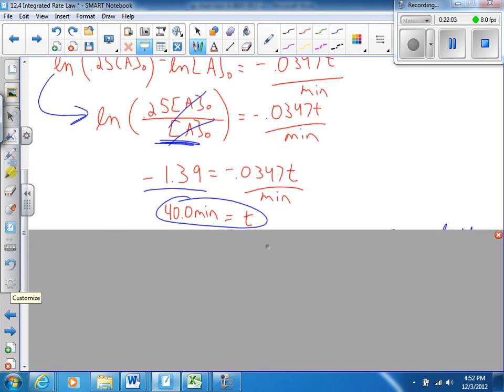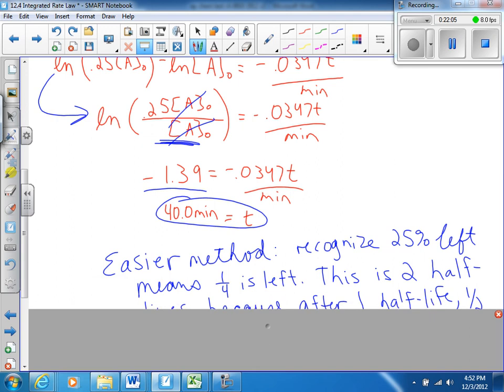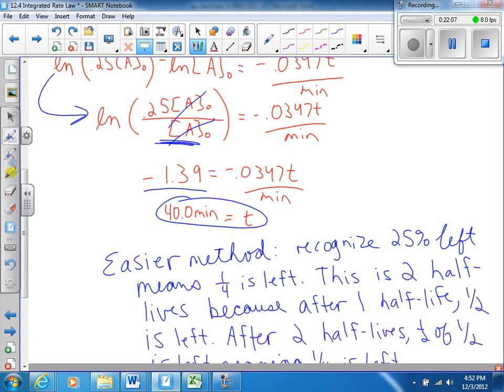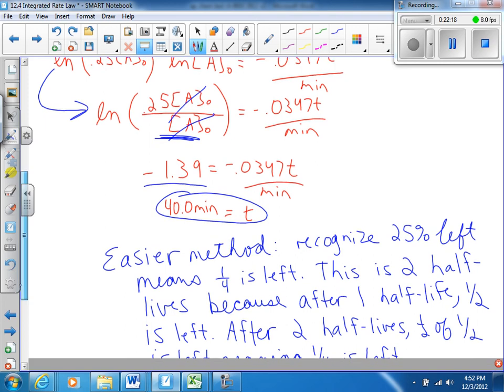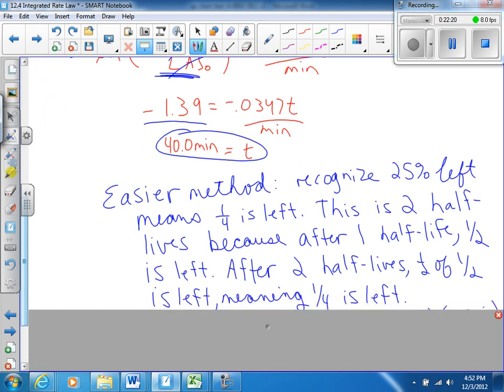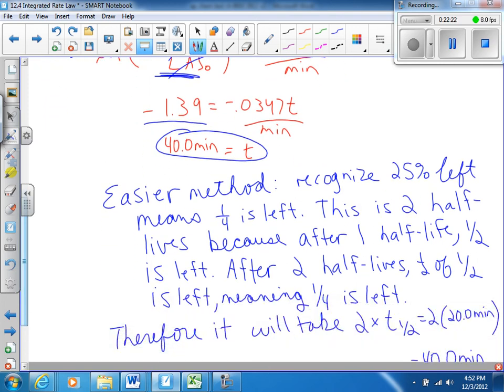All right, easier way to do this, the really easy method. Okay, if we have 25% left, you can recognize that means 1/4 is left. That's 2 half-lives, and I've given you an explanation here. So for 2 half-lives, first half-life, you're at half the concentration.